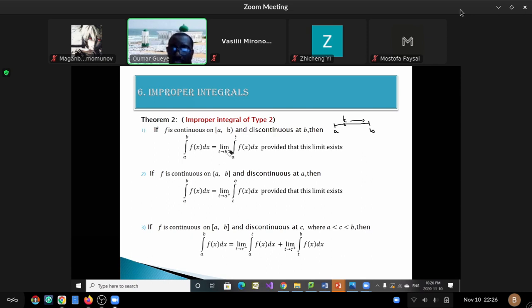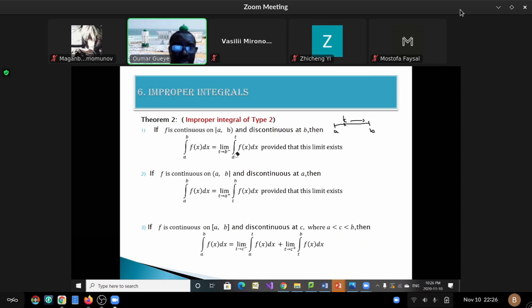And as I mentioned for the previous one, it's going to be similar. You calculate this integral in terms of T. When you get your integral in terms of T, you let T approach B from the left. In the second situation, the discontinuity is not at B. Now it's at A, the smallest endpoint of your interval. The technique is similar.